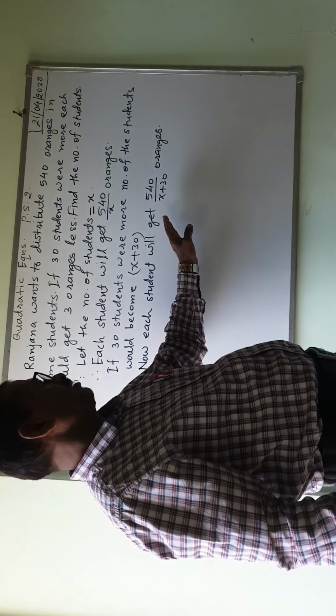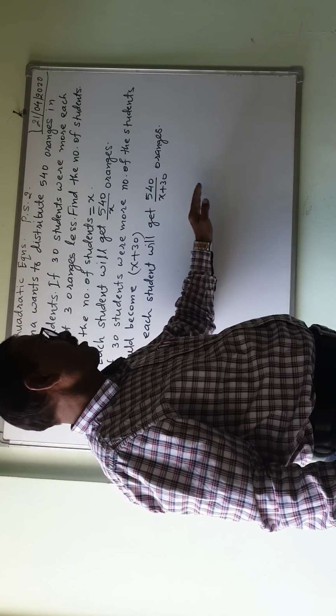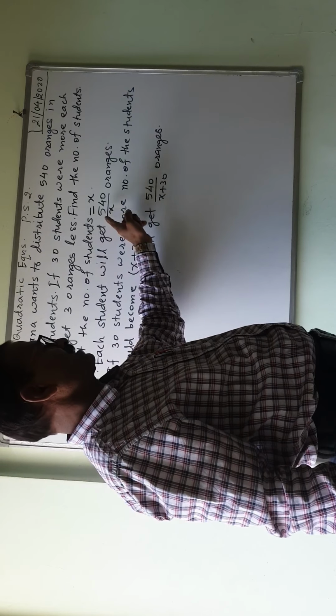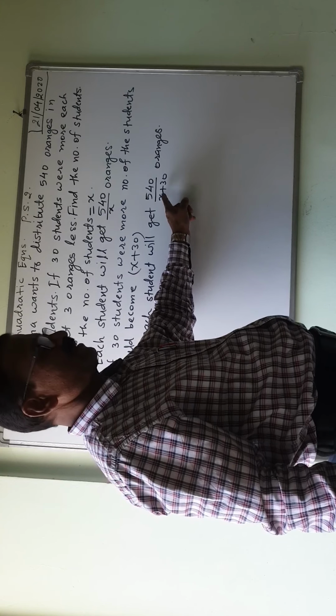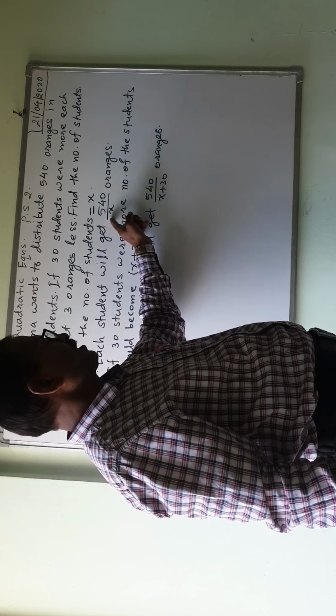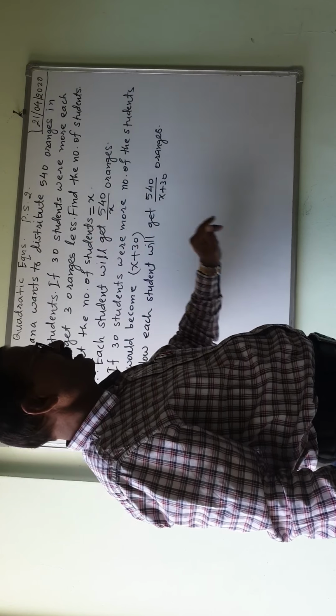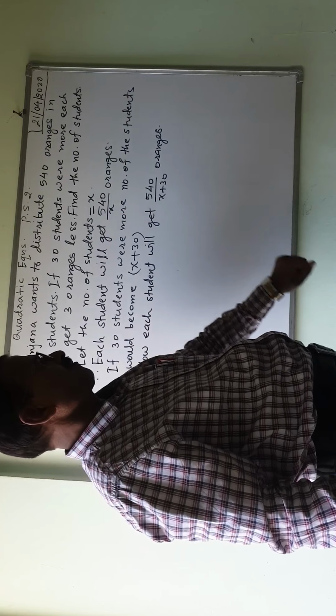That means each student will get fewer oranges because the denominator of this is x and the denominator of this is bigger, x plus 30. If the denominator increases, then the value decreases. That means this is less.